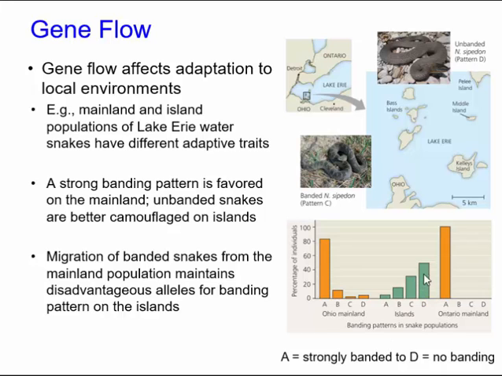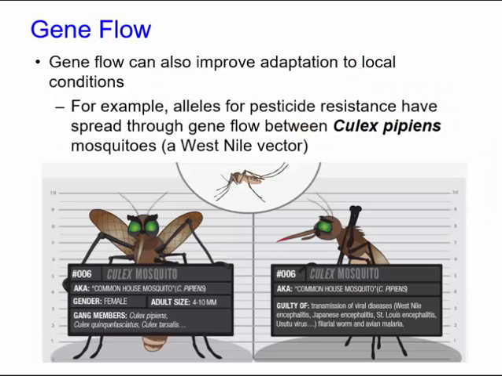If we look on the islands at the degree of banding, where A is strongly banded and D is not banded at all, you still see more unbanded snakes, and then some with lesser degrees of banding. So overall they tend toward being less banded, but you're always getting that inflow from the mainland population that's introducing those banded alleles, working against, in this case, local adaptation.